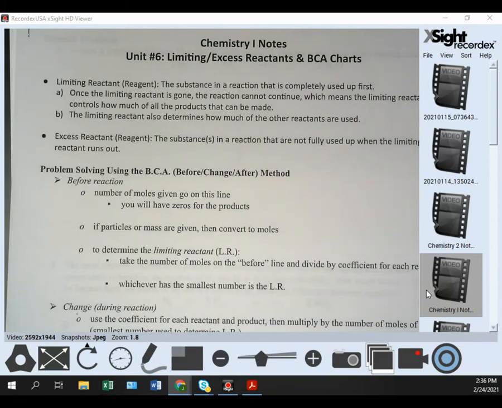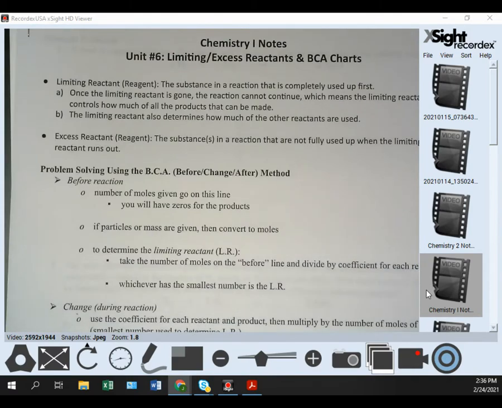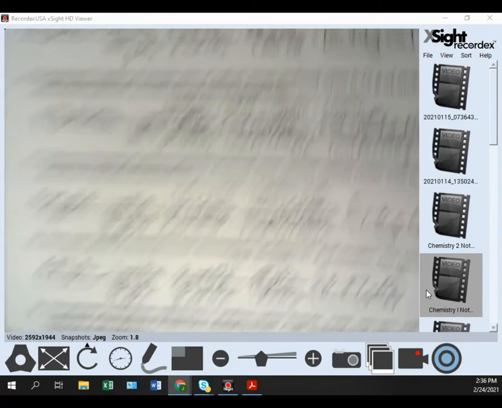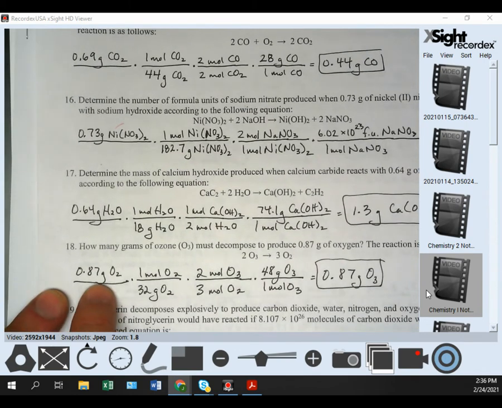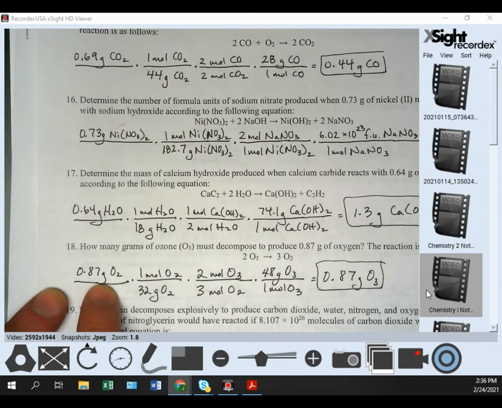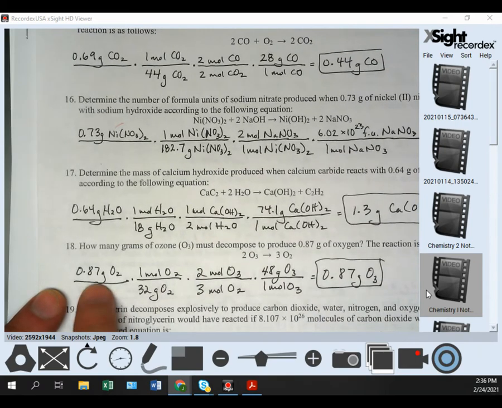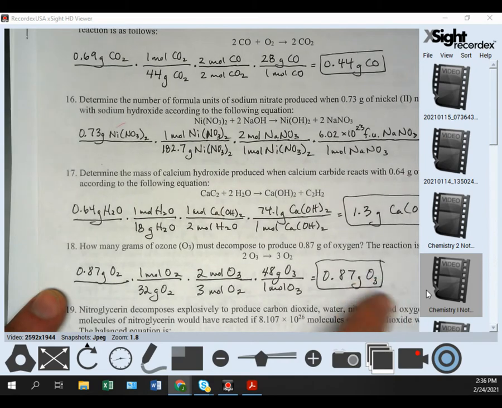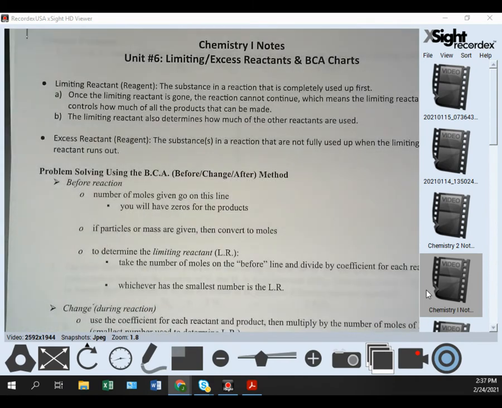So if we go back to the worksheet you did for today, in this one, if you got 0.87 grams of oxygen, you would use 0.87 grams of O3. That would be the exact amount of reactant and the exact amount of product.